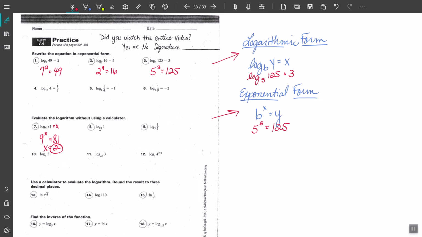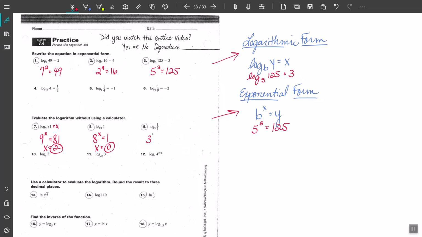If I do the same thing on number 8, then I have a base of 8. I'm looking for an exponent. Then when I raise 8 to that exponent, I'm going to get 1. We know that the only exponent that we can raise anything to and get 1 is going to be 0. So my answer here is 0. And then on number 9, my base is 3.